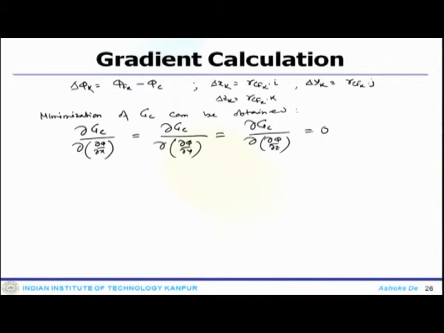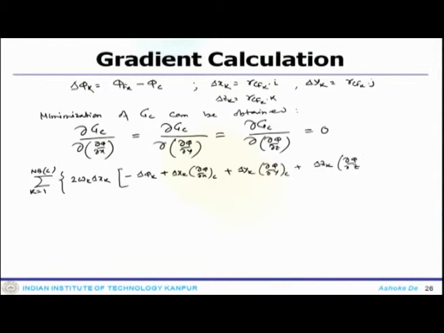So, once you get this minimization, the mathematics will get you back some involved mathematical expression, summation k equals 1 to NBC, 2 Wk delta xk times (minus delta phi k plus delta xk del phi by del x C, delta yk del phi by del y C plus delta zk del phi by del z C), which is 0, number 1.